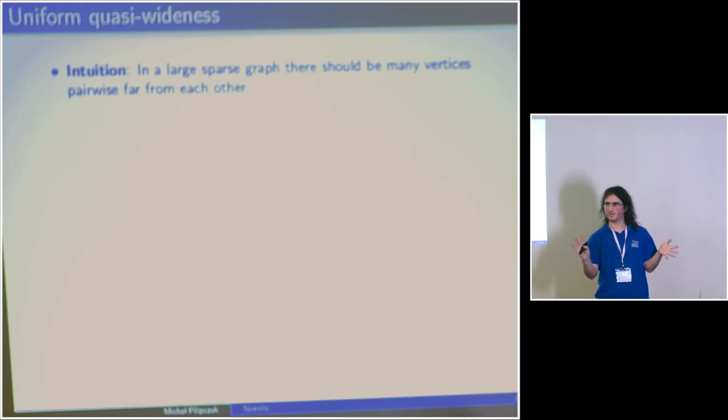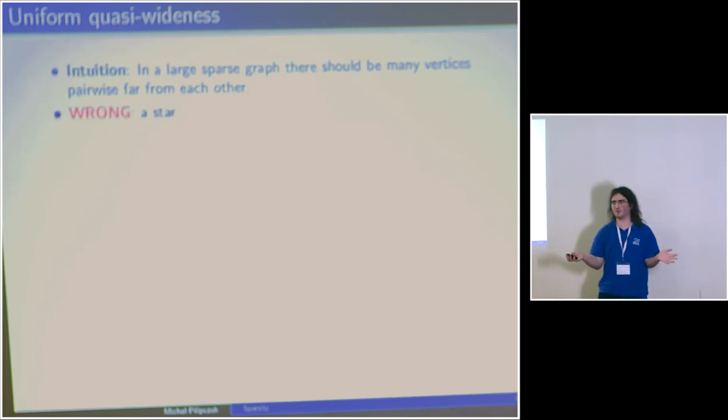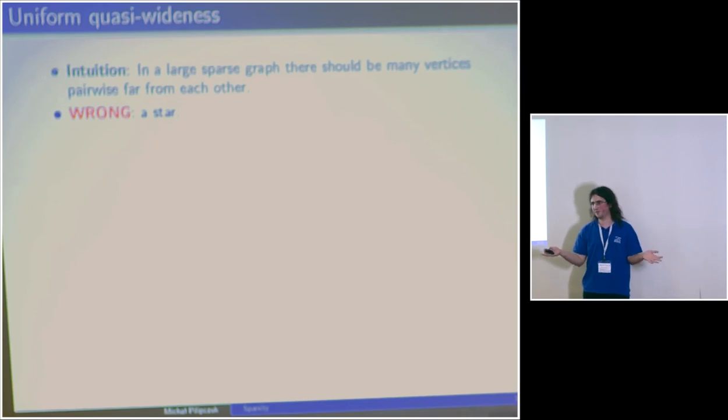Not really, because of a star. For any reasonable notion of sparseness, a star should be sparse. But every two vertices in a star are close to each other. However, the idea is that if you remove the center of the star, suddenly vertices would be far apart from each other.